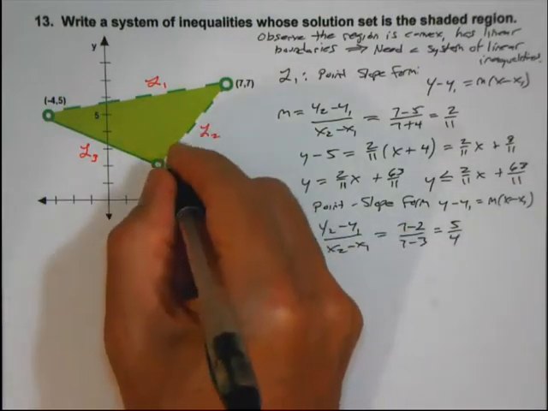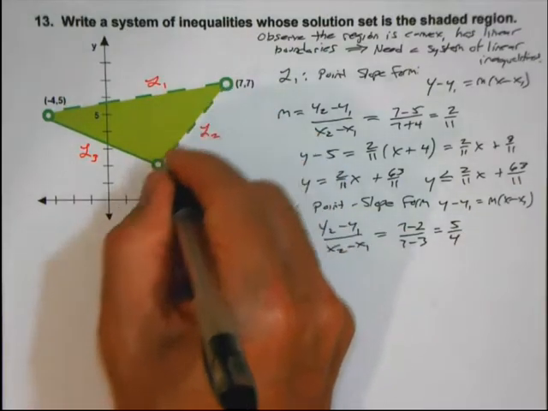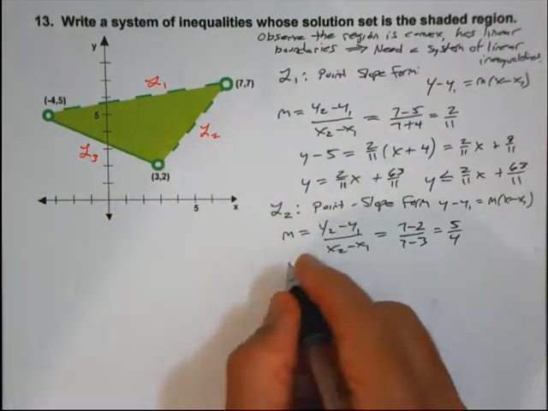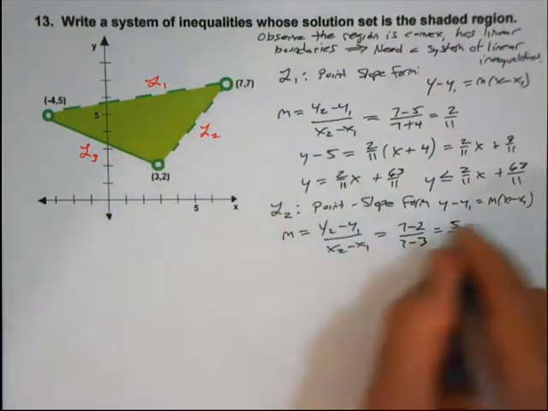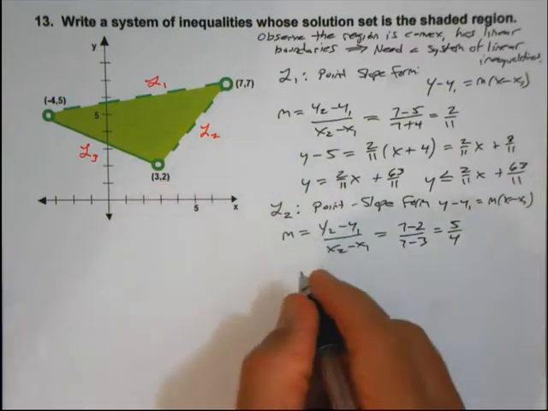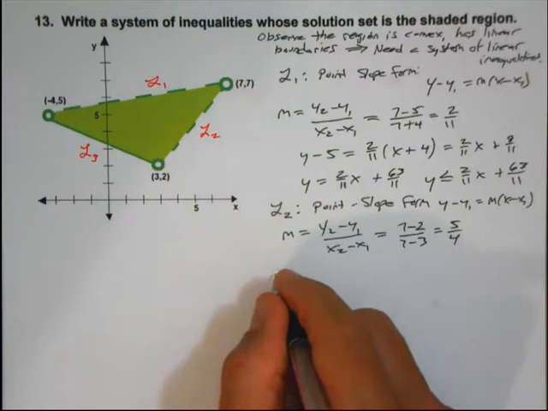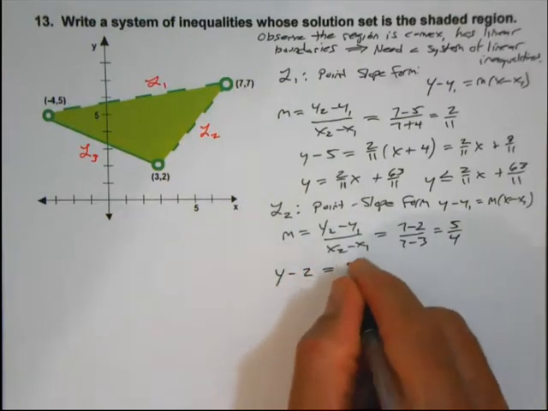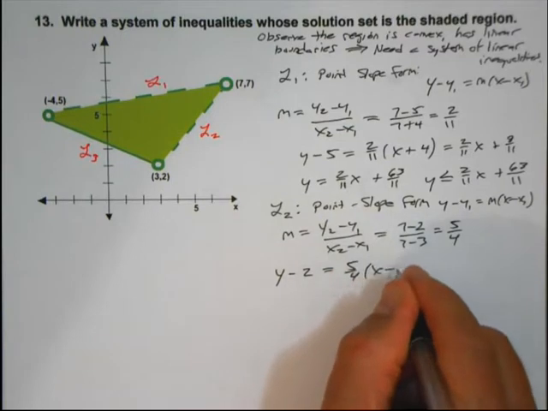That looks about right because this line is rather steep, perhaps a bit more than the 45-degree angle line. So we keep going. Let's see, we're ready to choose a point for our line. 3, 2 might be a little easier to work with. This gives us y minus 2 equaling 5/4 times x minus 3.